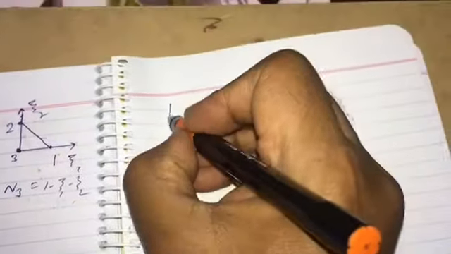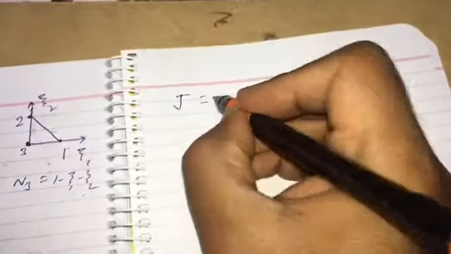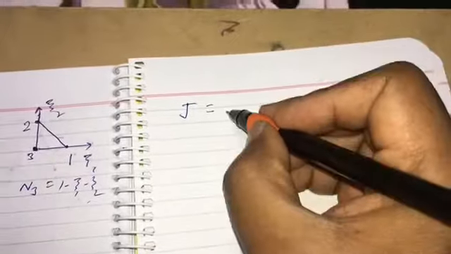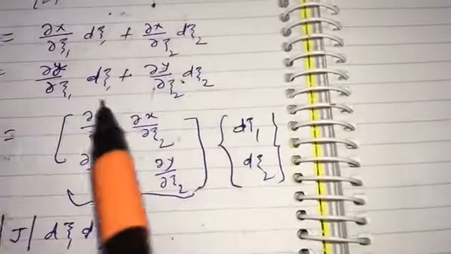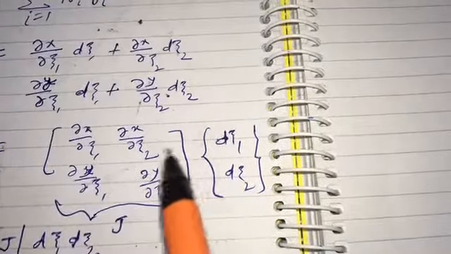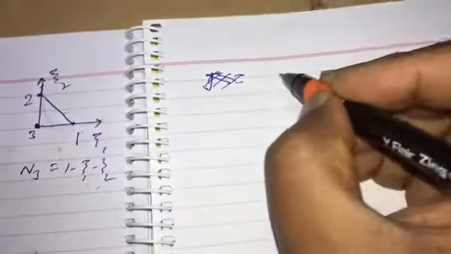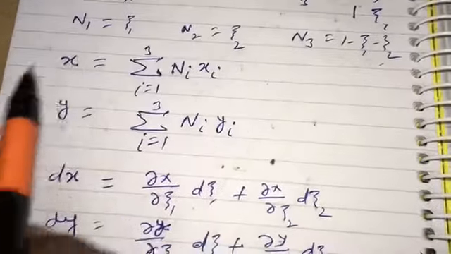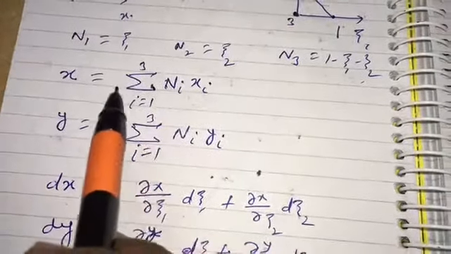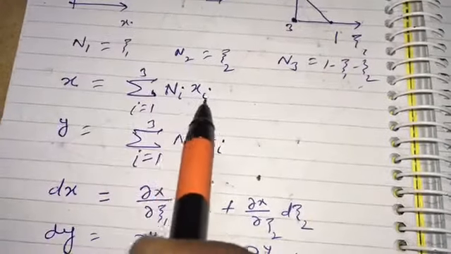Now let's look at the Jacobian matrix J. We have to find del x over del xi1 and so on. So let's first expand x and y. We had earlier x as a summation of ni times xi.